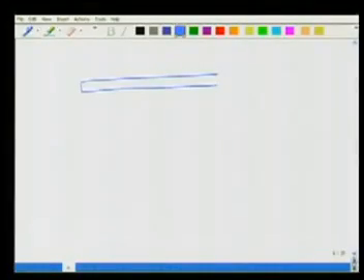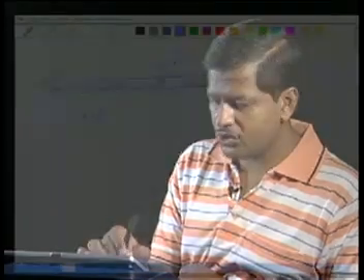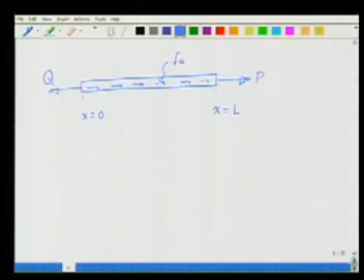Let us take a simple problem which is like this. So this is again a simple modification of our earlier problem. This is a bar with distributed load F0 and end load of size P at the point x equal to L, and at the point x equal to 0 I apply a load Q, and this is a static problem.